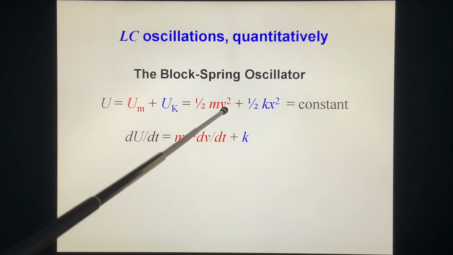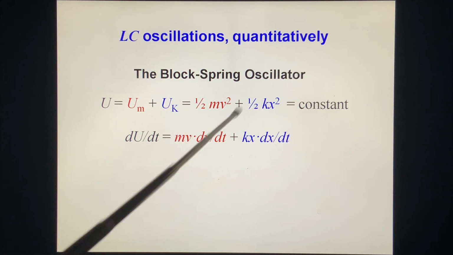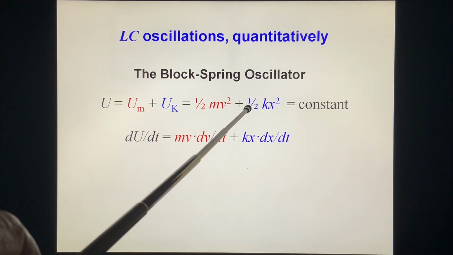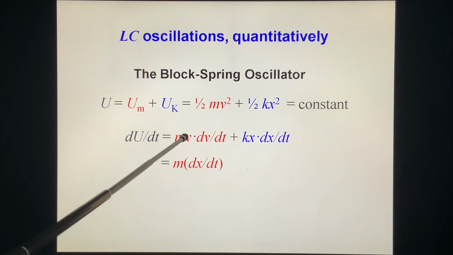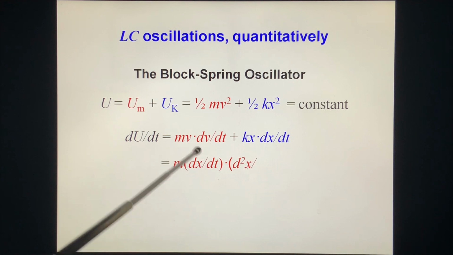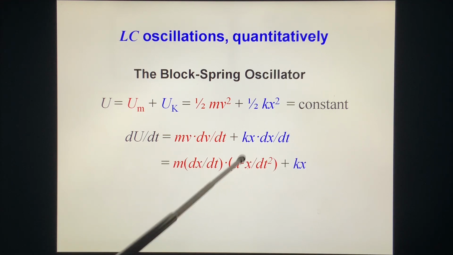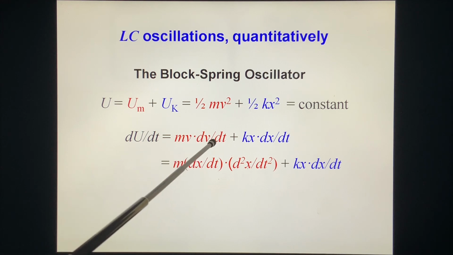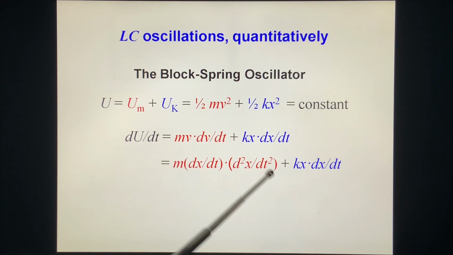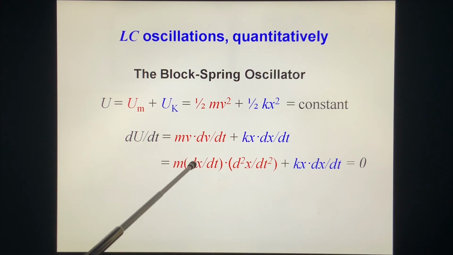We do this: mv dv/dt, the halves cancel, plus kx dx/dt, and it should be 0. And v is dx/dt, so dv/dt is the second derivative of x with respect to t. And this is equal to 0, and we don't have to care about the common dx/dt.